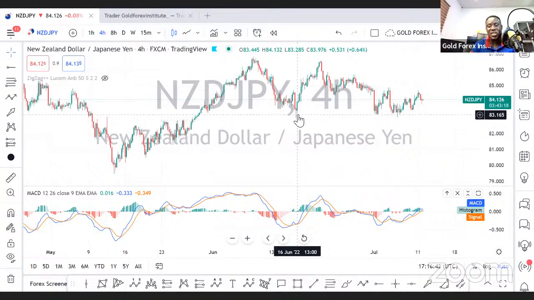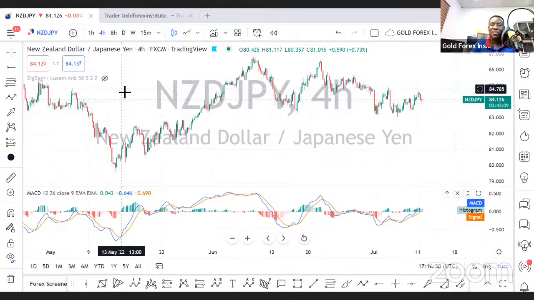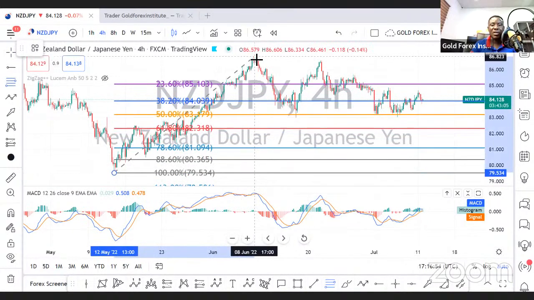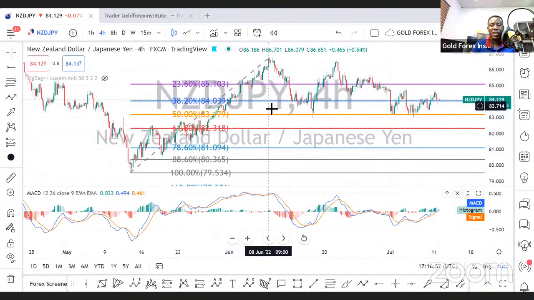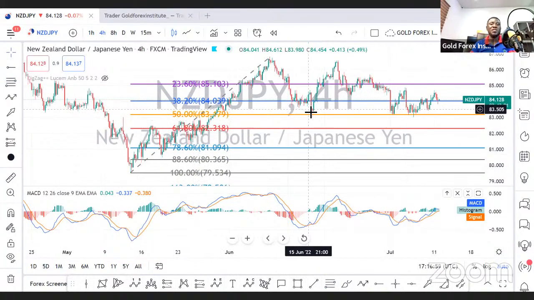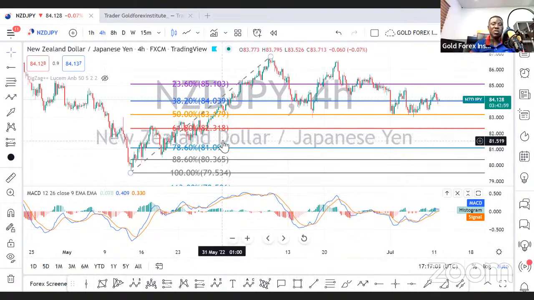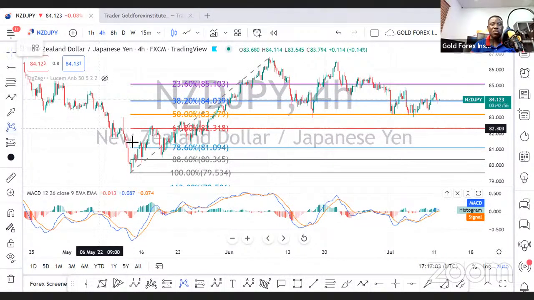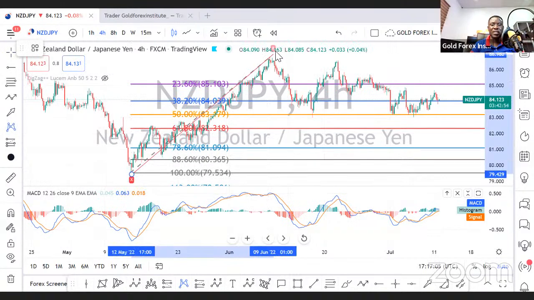So 50 is either bat, crab, or probably alternative bat and the rest. Now, the closest one is the bat. So if this one formed a 50 fib, then what we are going to look at as our goal will be the bat pattern. That's the closest fib level we are going to, right?